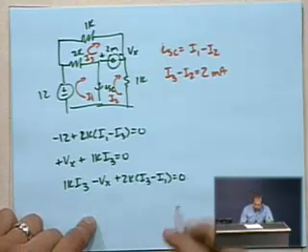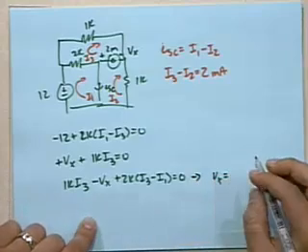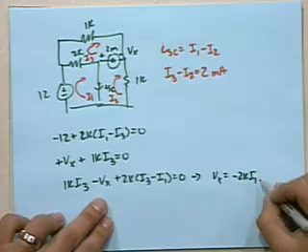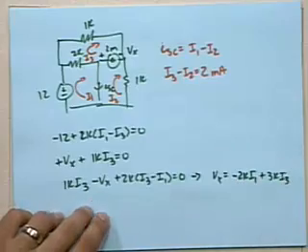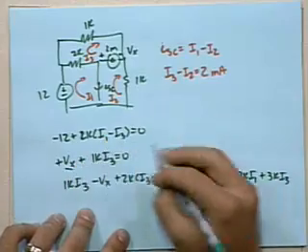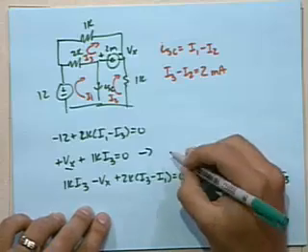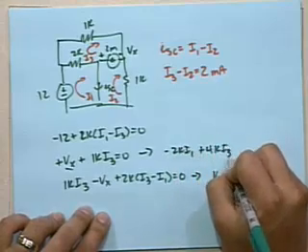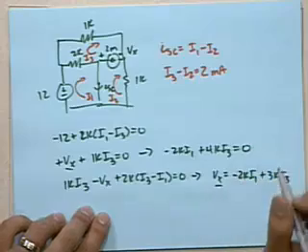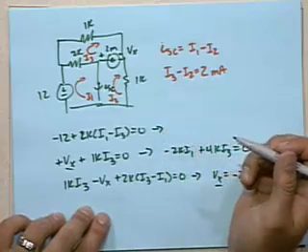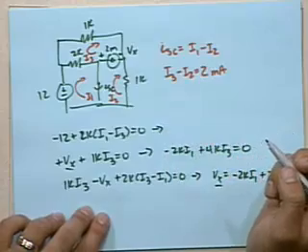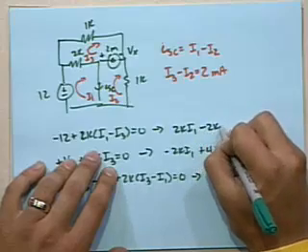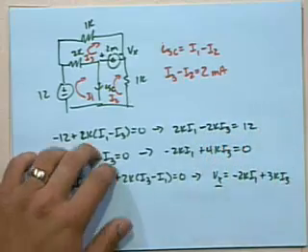It doesn't really matter, but we'll solve this one for Vx. So Vx equals negative 2k I1 plus 3k I3. So we can stick this in up here, and that gives us negative 2k I1 plus 4k I3 equals 0. And this one simplified is 2k I1 minus 2k I3 equals 12.